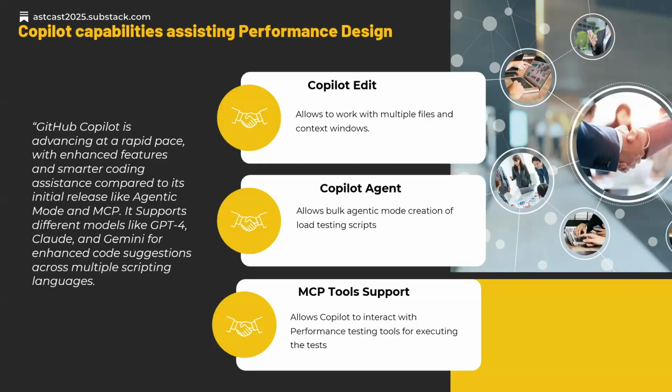You'll just be watching the tool, and the coding assistant is going to automatically touch all the files of the particular script and create the scripts. And the agent mode means not only one file. For example, if I open my project file in which there are multiple load testing tools, or placeholders for multiple scripts, the agent mode is going to create multiple scripts inside the same folder for me.